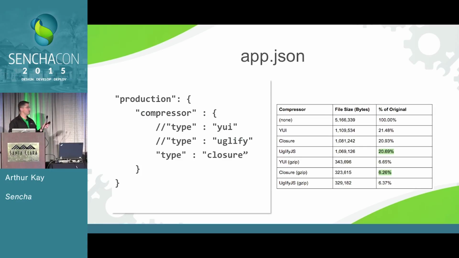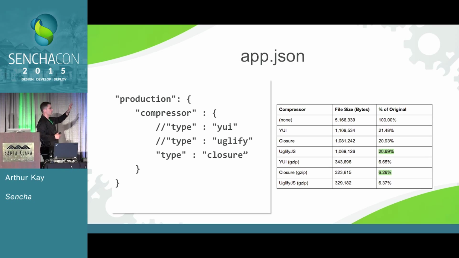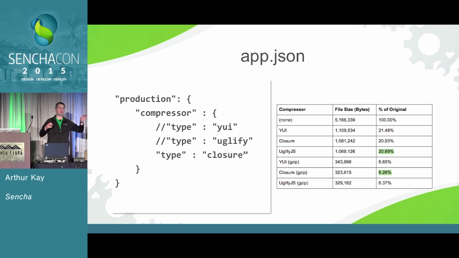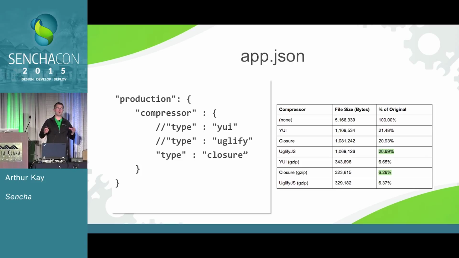Now, what's really interesting, and I don't know if I can zoom in on that chart. I should have made that bigger, but what I've done is to graph what the total size of the demo application is after using various compression techniques. So at the very top of that table, you'll see the total size of an application.